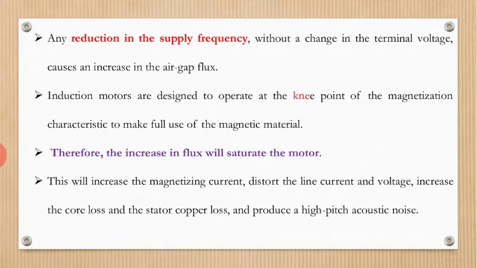If we go above this air gap flux, the flux will saturate the motor. Due to this, problems arise, such as an increase in the magnetizing current, distortion of line current and voltage, increase in core loss and stator copper loss, and high pitch acoustic noise.